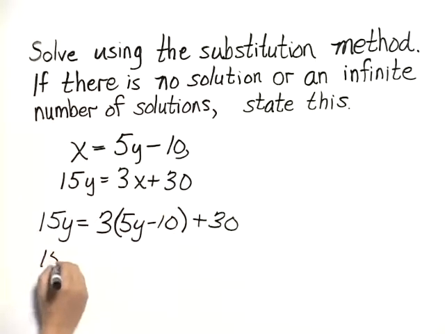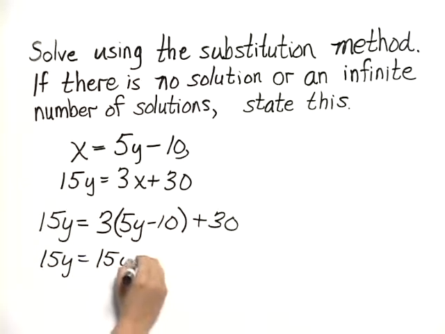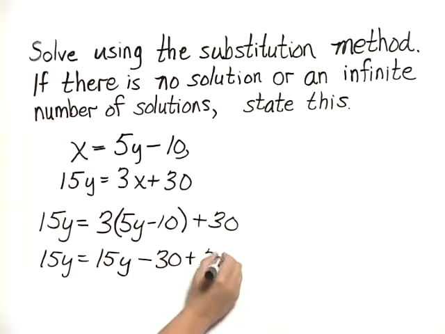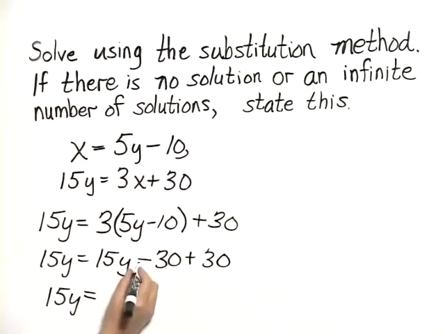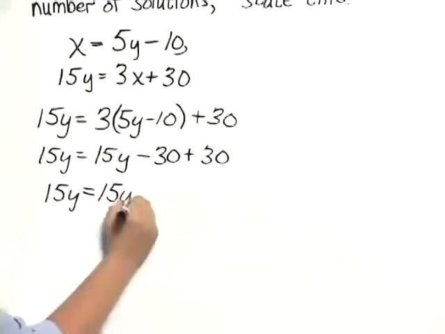Multiplying, I have 15y equals 15y minus 30 plus 30. And I have 15y equals minus 30 plus 30 is 0, so 15y equals 15y.